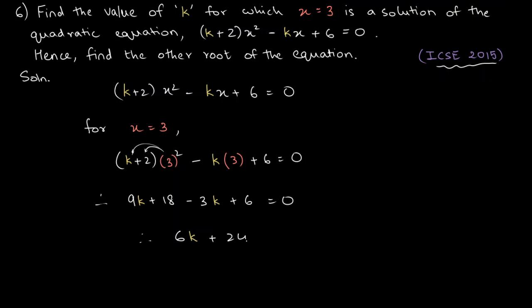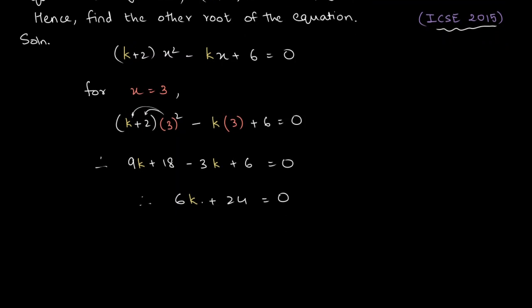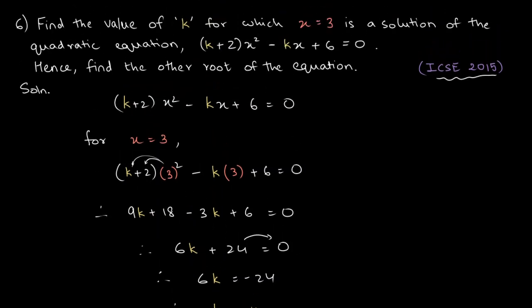So 6k plus 24 is equal to 0. Taking the plus 24 to the other side, 6k is equal to minus 24. Taking the 6 to the other side will be division, so k would be equal to minus 24 upon 6, which is minus 4. So the value of k is minus 4.